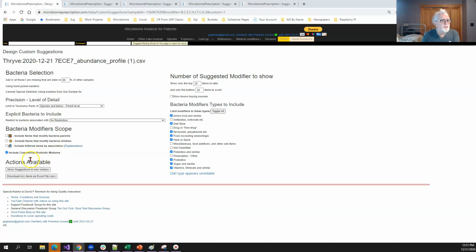We have the ability to include things that modify child bacteria. For species, that doesn't help because generally that is the lowest level of information which we have. You can say include things to modify the parent bacteria, which we can try doing. Again, the magic solution for what you need to do is unknown.